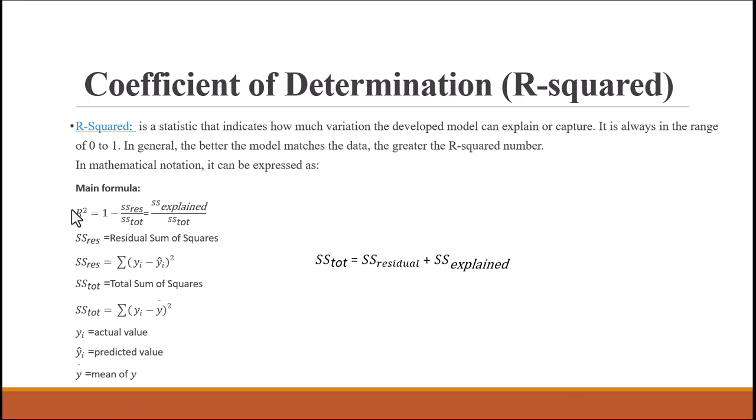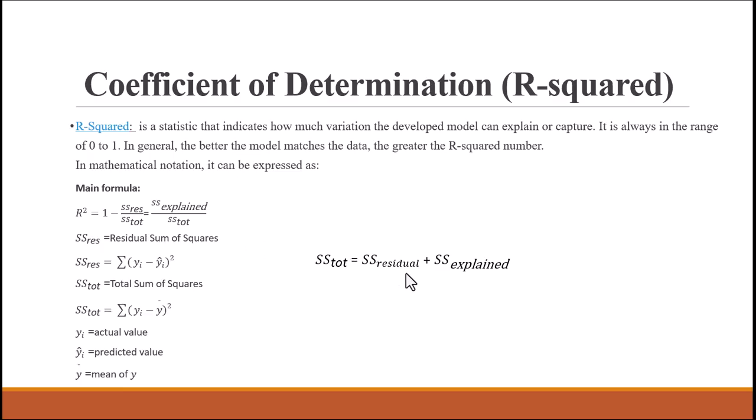So now, the formula of R squared presents the ratio of the explained sum of squares to the total sum of squares. It means how well our model can explain the variation or the spread of the data in comparison to the total sum of squares.